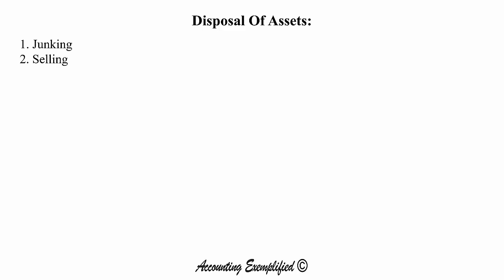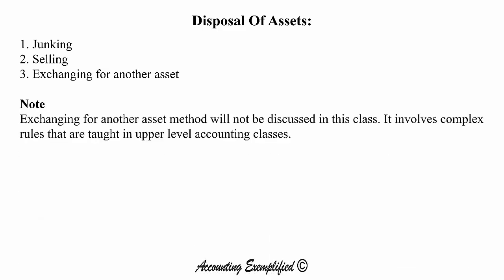The second one is the property can be sold to a third party, or exchanged for another asset. The last method, exchanging for another asset, will not be discussed in this class because it involves some complex rules and those will be taught in upper level accounting classes. So here we will go over junking and selling.